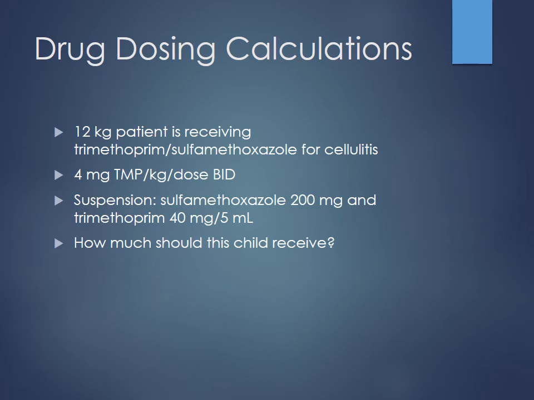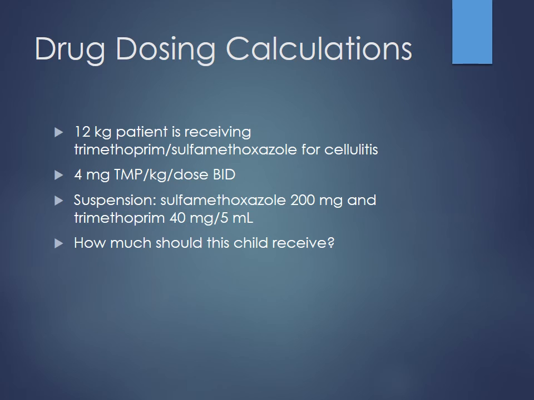In drug dosing, you'll see 4 milligrams of TMP per kilo per dose. Then the drug comes as sulfamethoxazole 200 milligrams and trimethoprim 40 milligrams per 5 mLs. Notice how this can get a little more complicated. So how are we going to dose Bactrim for this patient?